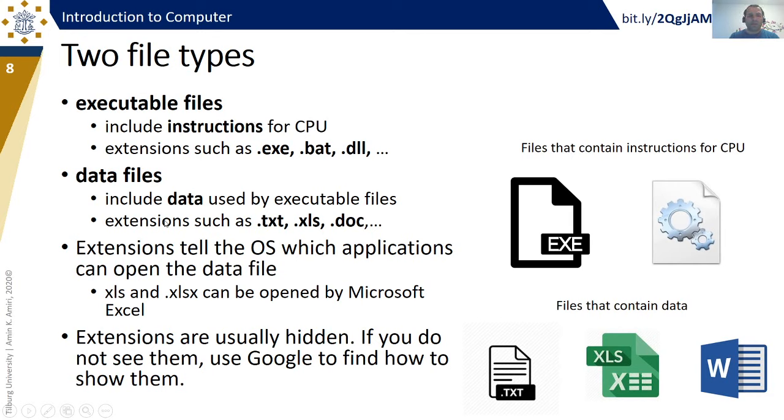They have extensions such as txt, used for the Notepad program, XLS for Microsoft Excel, and DOC for Microsoft Word. These extensions tell the operating system which application can open the data file. XLS and XLSX can be opened only by Microsoft Excel, not by Microsoft Word or Notepad. Extensions are usually hidden. If you do not see them, use Google to find how to show them on your Windows.